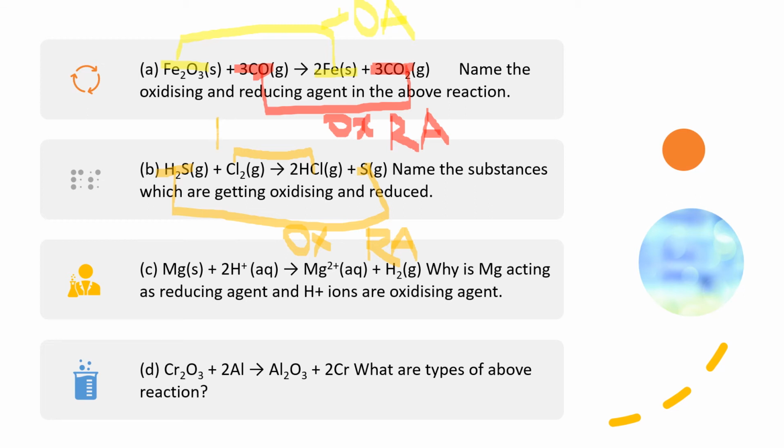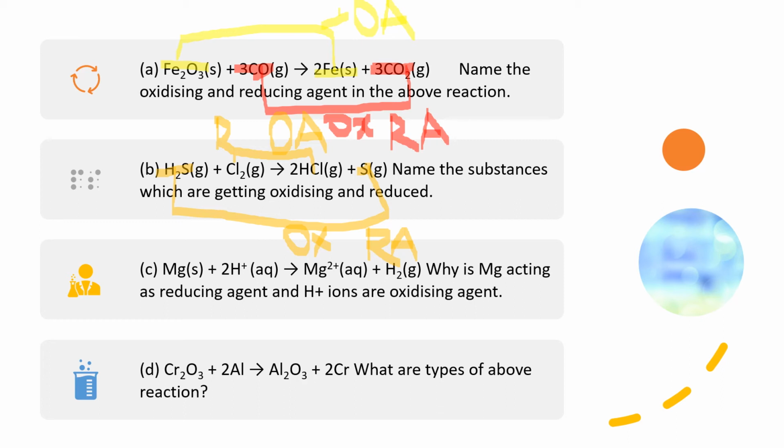If it is a reduction, then chlorine is of course the oxidizing agent. Clear? So here, hydrogen sulfide is oxidized to sulfur and chlorine is reduced to hydrogen chloride.